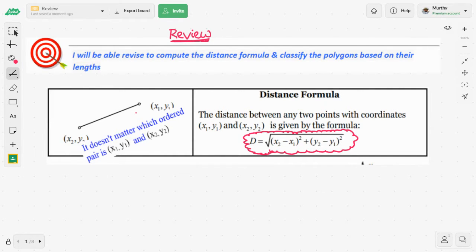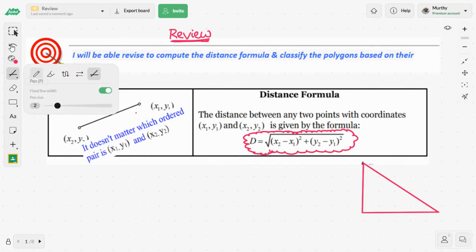So technically, suppose you are given a right angle triangle on a graph sheet.